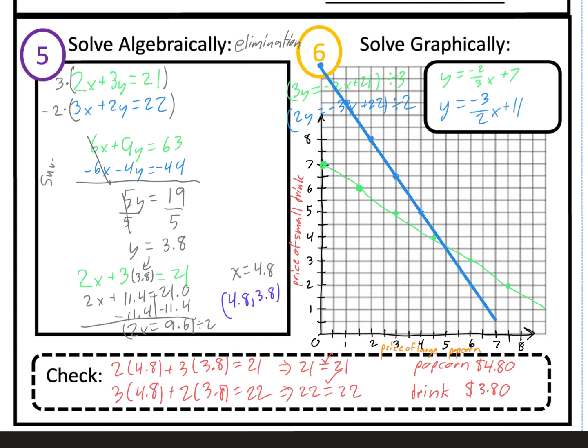Now let's go ahead and draw the line, and you'll notice that we cross our two lines right here. That means the x-coordinate is somewhere between 4.5 and 5, and the y-coordinate is somewhere between 3.5 and 4. And the point 4.8, 3.8 does indeed make sense.